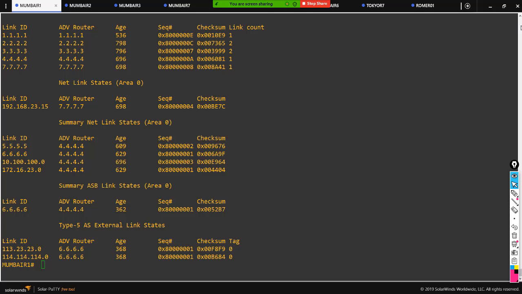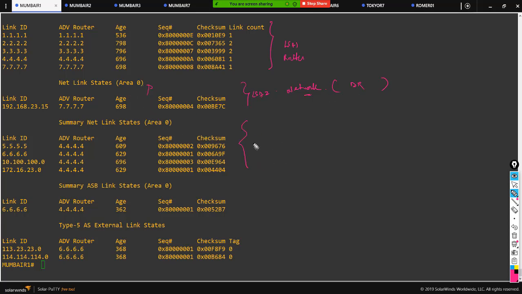I have my LSA1, which is a router LSA. I have LSA2, which is called network LSA, and this LSA is seen only when there is a DR election. If there is no DR election, then this will not be seen.